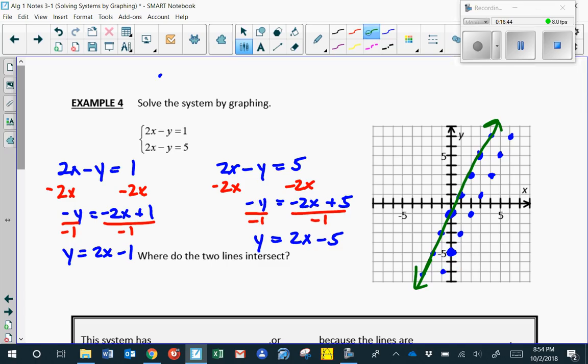What you're going to notice about these two lines is that because they do have the same slope but different y-intercepts, they are parallel lines. So parallel lines, as you know, do not intersect. So we'll say that they have no intersection point.